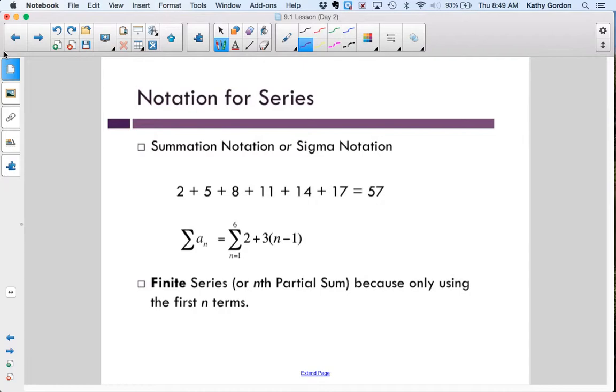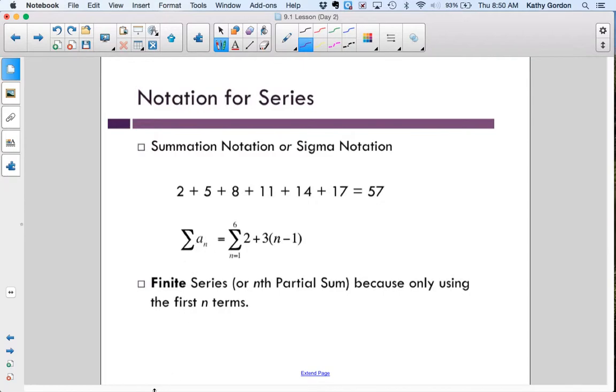So when we are saying that we want to take the 2 plus the 5 plus the 8 plus the 11 plus the 14 plus the 17 in that first sequence to get the 57 as an answer, one way of writing that is to say I want to take the sum, so use your sigma sign, of whatever the function for a sub n is.